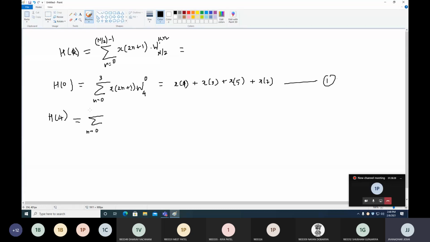Now similarly, let us find for h of 4. Summation n equal to 0 to 3 again, x of 2n plus 1, W4 raised to how much? k is 4, so 4n.